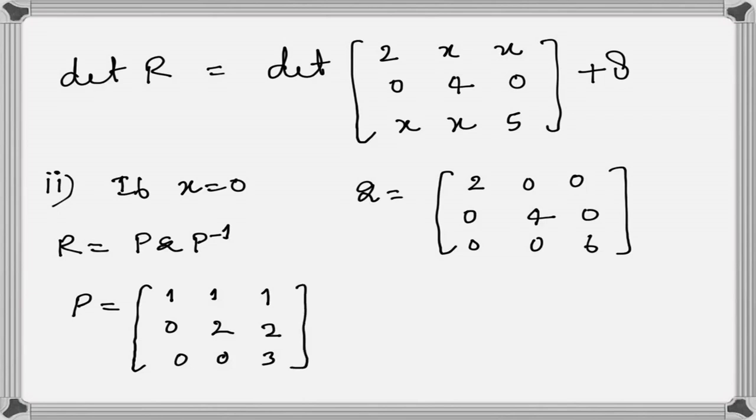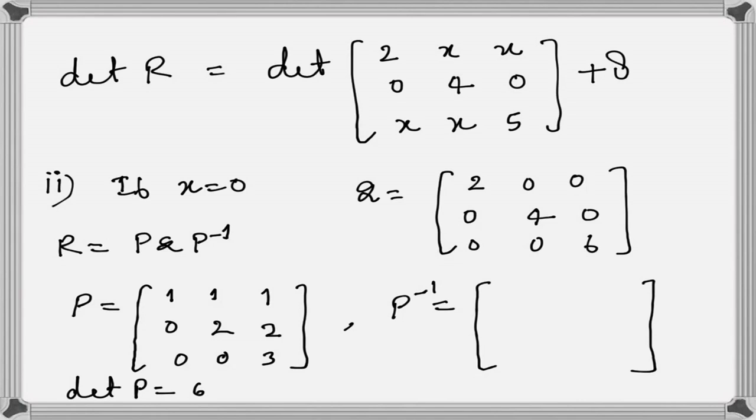We can easily check that the determinant of P is not equal to 0, hence it is invertible. I'll leave this as an exercise. You can calculate P inverse by finding its adjoint and dividing the adjoint by the determinant of P, which is 6. I'll leave this as an exercise.